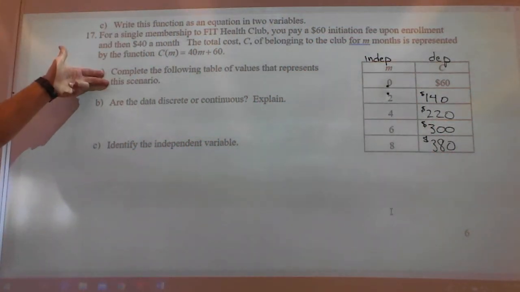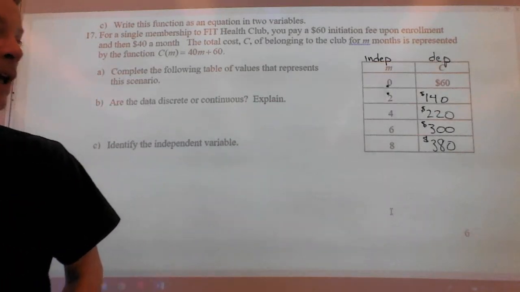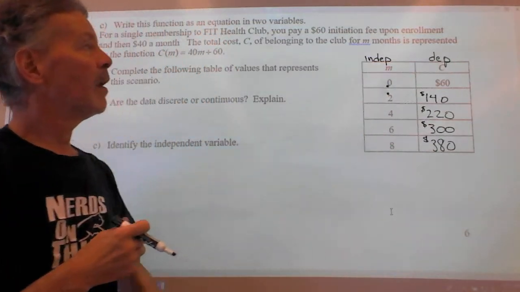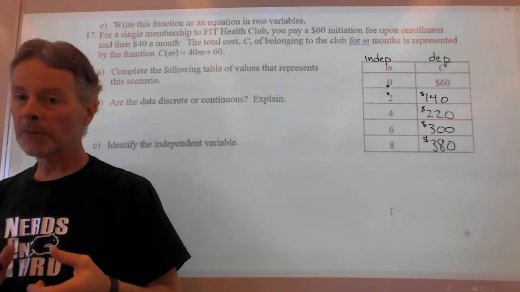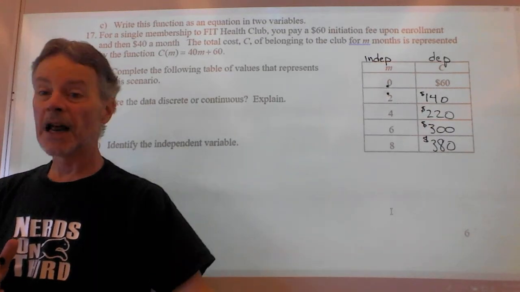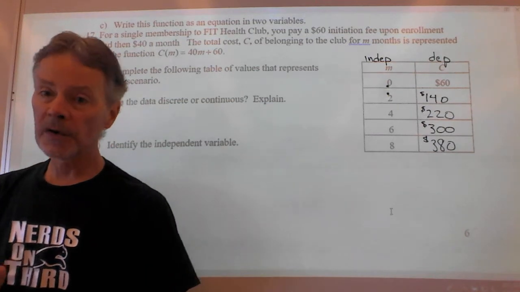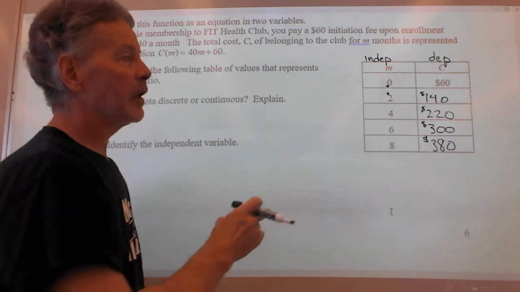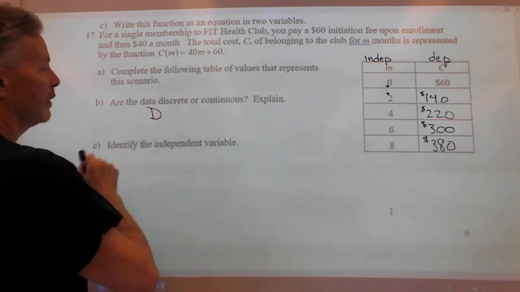So we've completed the table of values. Are the data discrete or continuous, and explain? Well, in this case, with this explanation, you can't really take out a membership for 1.5 months or 3 2/3 months. So you don't have possible in-between values here, and therefore it's discrete.